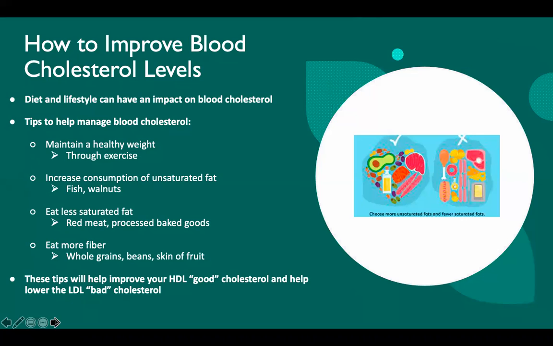So going back to cholesterol, diet and lifestyle can have a huge impact on your blood cholesterol. And ways to improve your blood cholesterol are maintaining a healthy weight through exercise or weight loss if needed, and increased consumption of unsaturated fat. So unsaturated fat is known as a quote unquote healthier fat.